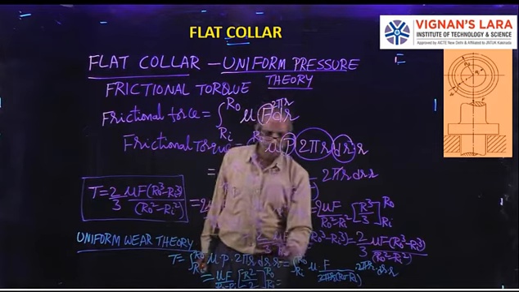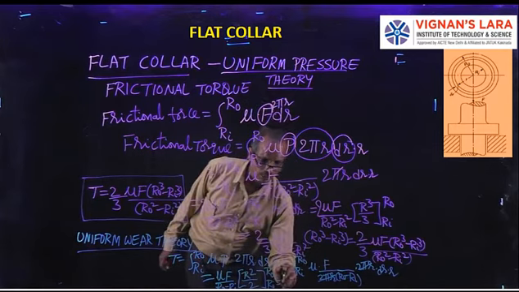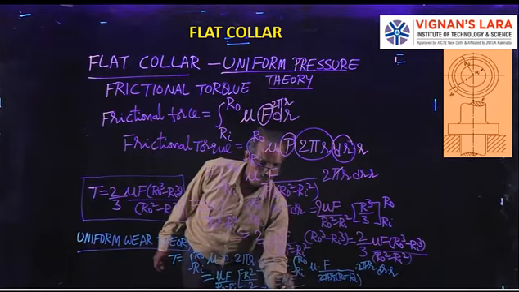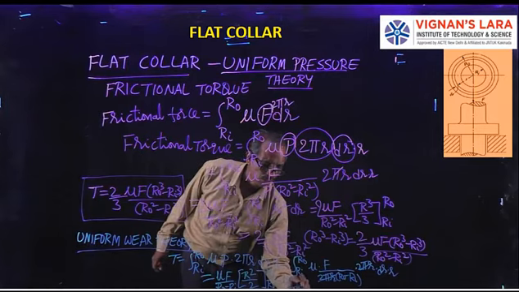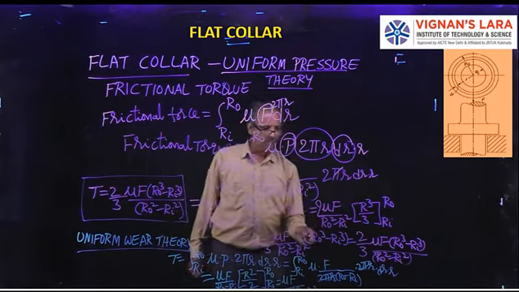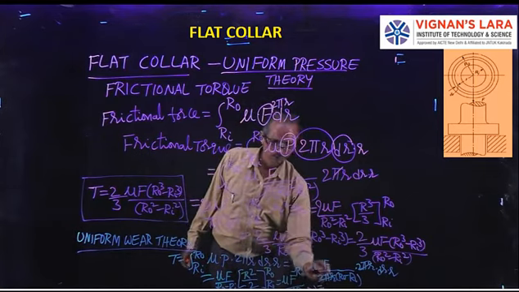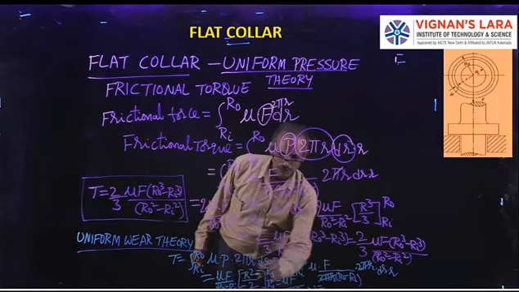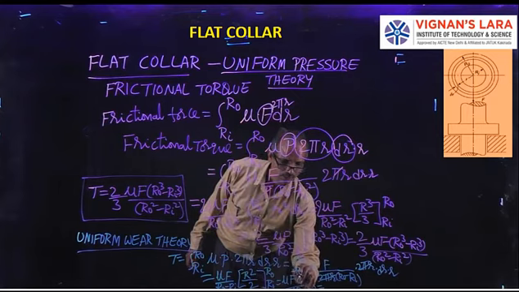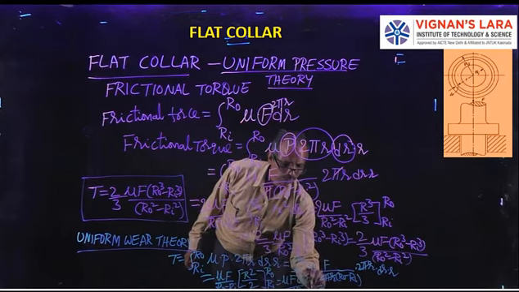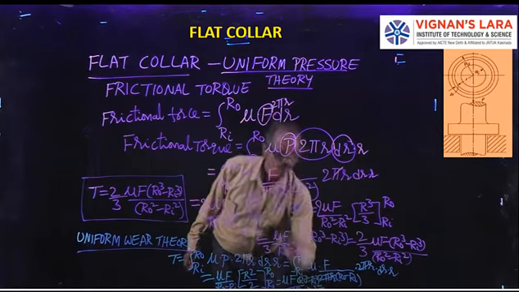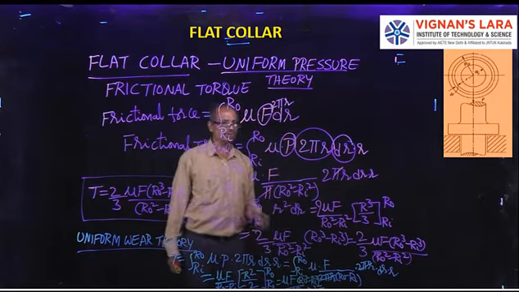Then substituting these limits, I can write mu F by 2 into (r naught minus ri) into (r naught square minus ri square).